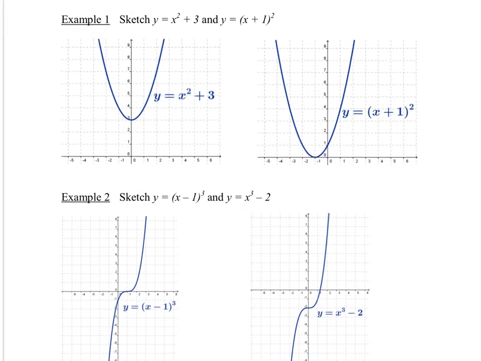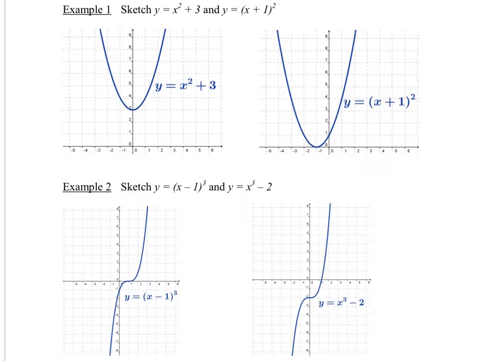Now, these examples are done for you already, but just a quick explanation as a reminder. If you want y equals x squared plus 3, well, look up what y equals x squared looks like. It looks like the shape I'm tracing with the red dot. You'd have to then add 3 to that, so shift the whole thing up by 3 to make this graph.